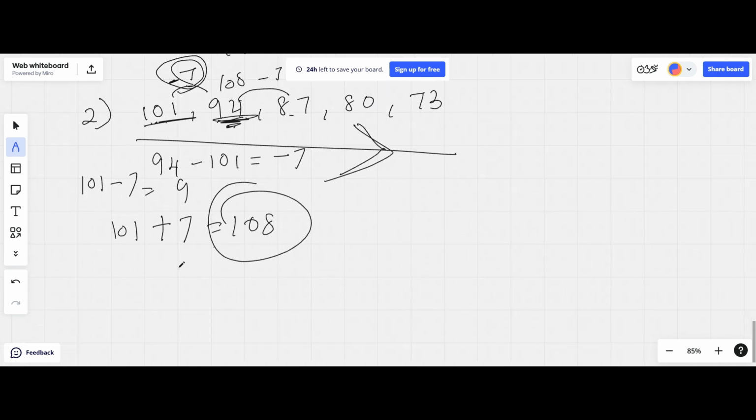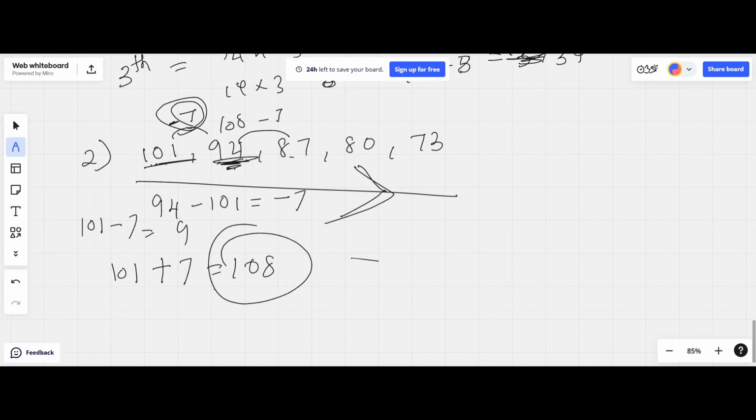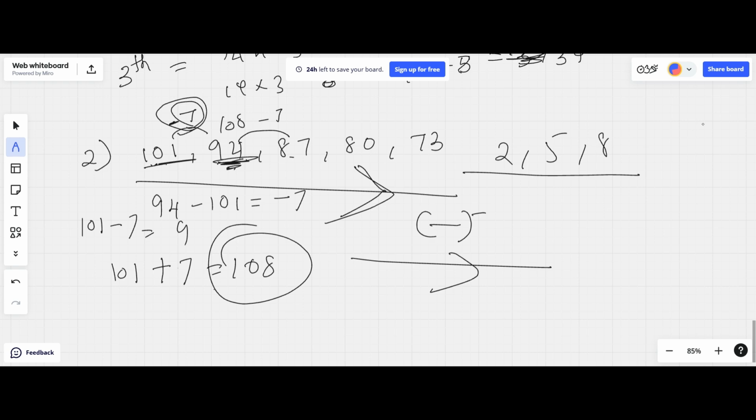If the numbers in the list are reducing, the difference would be minus. If it is increasing, for example 2, 5, 8, the numbers are increasing, so the difference would be plus. 2 plus 3 is 5. Here 101 minus 7 is 94.